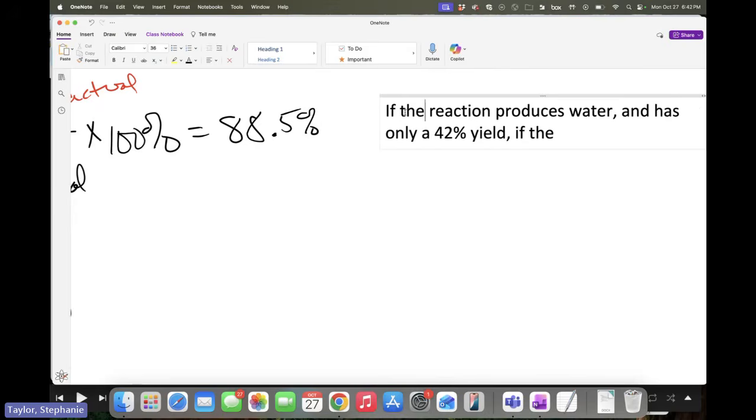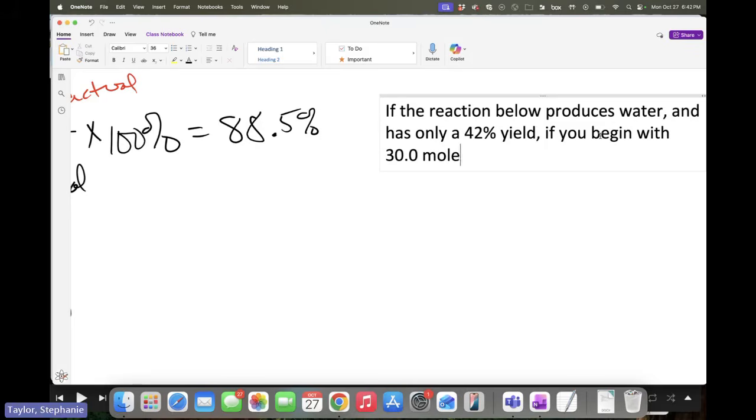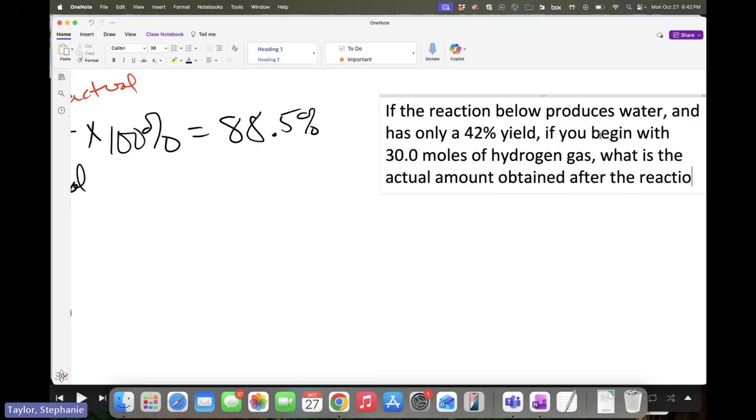Actually, let's do if the reaction below, if you begin with 30 moles of hydrogen gas, what is the actual amount obtained after the reaction is complete?